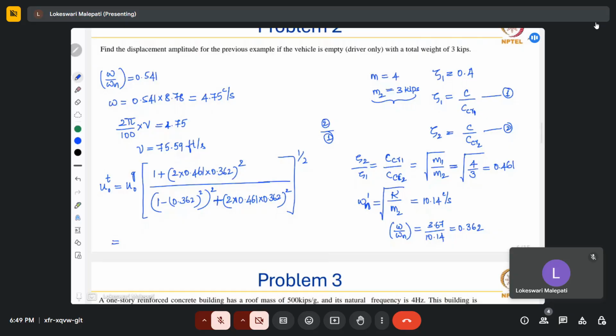So U naught is same again 3, and please find out this value.